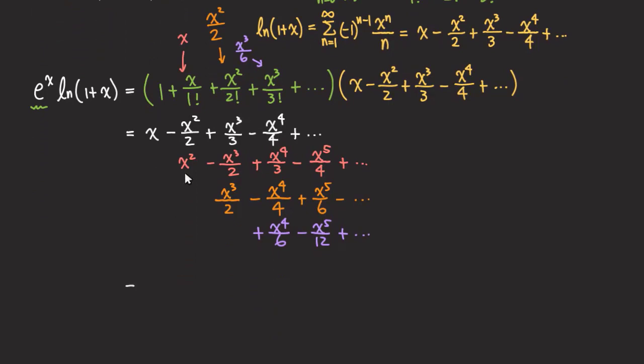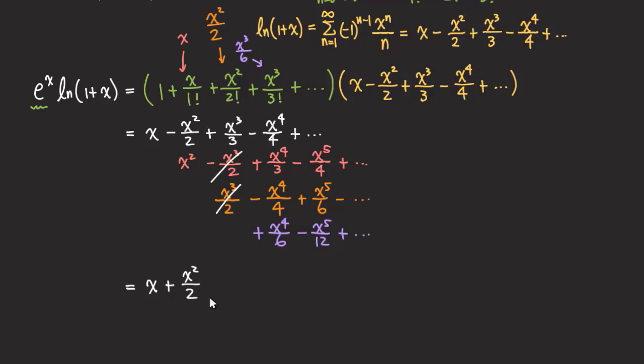So here we are going to just write down the answer. So our answer would be just x right here. What about this one? Negative x squared over 2 plus this one is 1. 1 minus 1 over 2 is positive 1 over 2. So plus x squared over 2. And then the next one, as you can see right here, this negative x cubed over 2 and positive x cubed over 2, they cancel each other out, so we can cross them out.